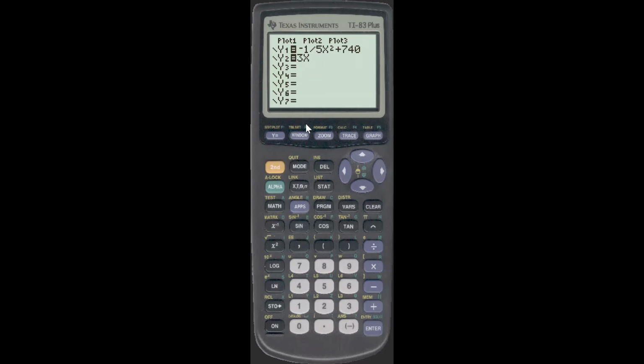So if that's the case, click on window next. Is this the same? Okay, if it's wrong, go to window and enter these numbers.